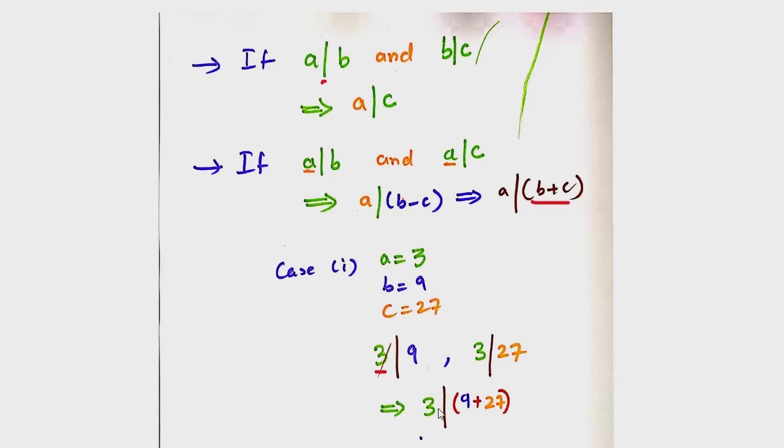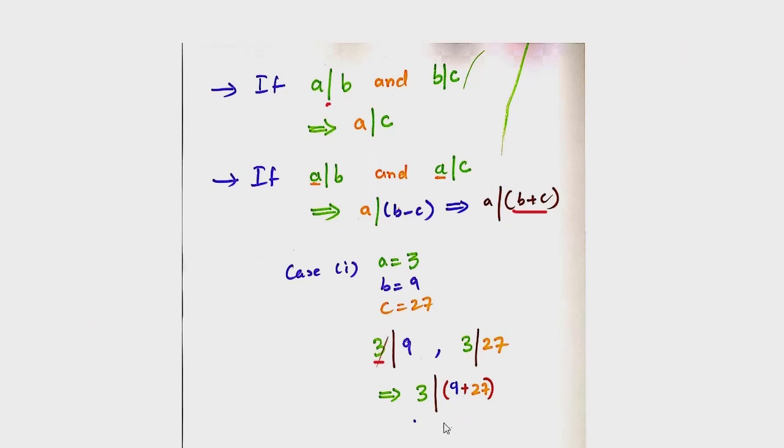So 3 divides 36, right? Okay, as in this case, we can say that 3 also divides 9 minus 27, that is minus 18 you're getting. So minus 18 has a factor 3, and we know that it goes with -6. 3 getting multiplied by -6 will give you -18.